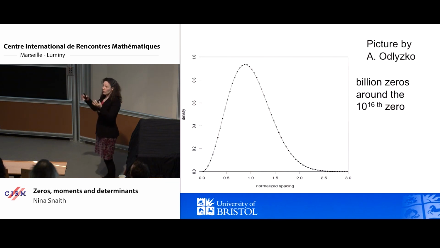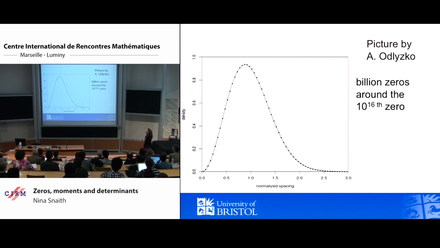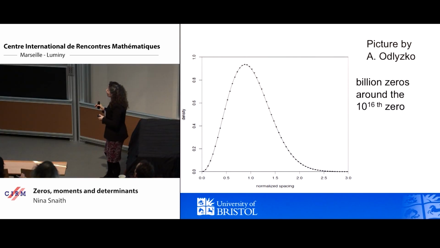And because Odlyzko does these amazing computations, he has a billion zeros around the 10 to the 16th zero. When you get up to this point, moving higher on the critical line, we see very, very good agreement between the distribution of the zeros of the zeta function and the distribution of eigenvalues of random unitary matrices.